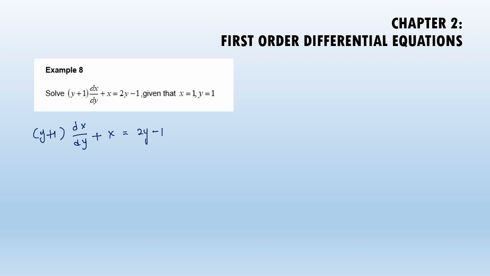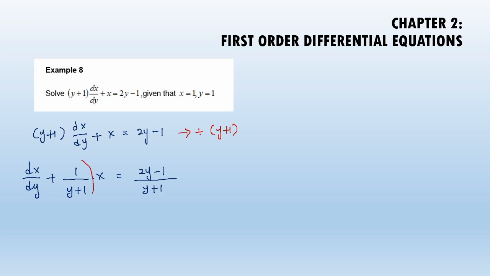In order to form a linear first order differential equation, we will divide the equation by y plus 1. So we have dx over dy plus 1 over y plus 1 times x equals 2y minus 1 over y plus 1.